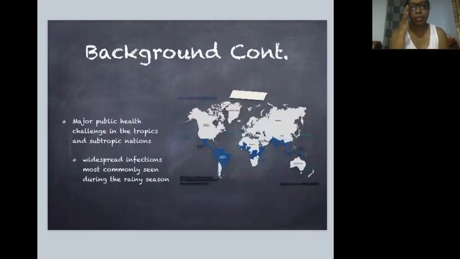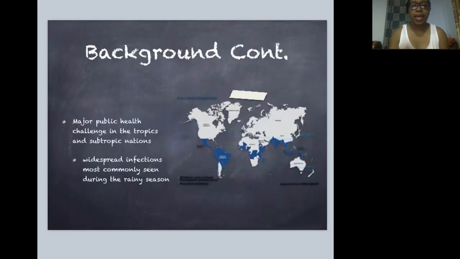This has become a major public health challenge in the tropics and subtropic nations, as you can see highlighted in the blue on the map on the side here. Widespread infections are seen during the rainy season, since this is when humidity and temperature is the most conducive for the survival and breeding of these mosquitoes.